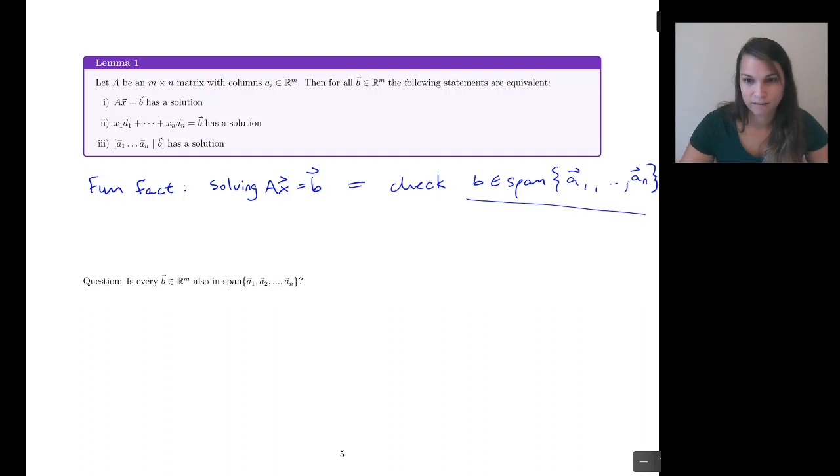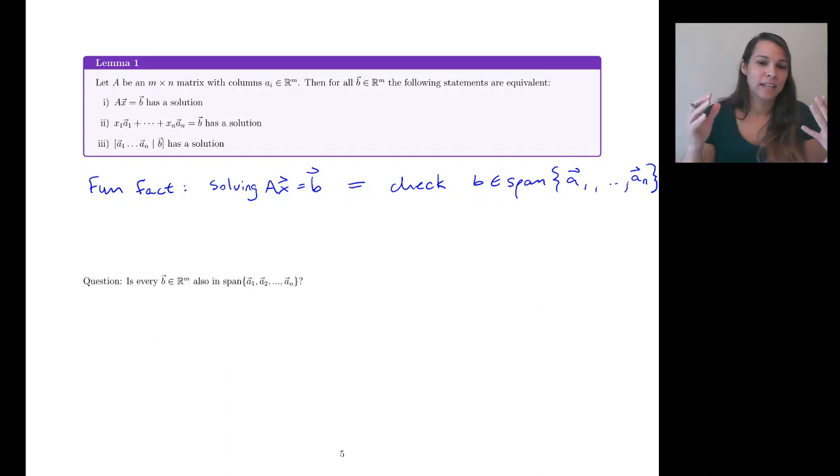Because checking if b is in the span of some columns is the same thing as checking if this augmented matrix has a solution. Checking if an augmented matrix has a solution is the same as solving a system of equations, which is the same thing as solving the matrix equation. So here we go. We have a bunch of different ways to ask one question. Isn't this fun?